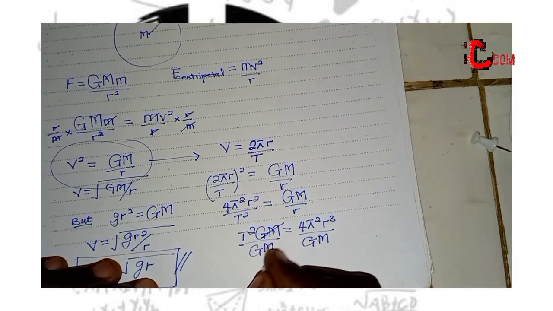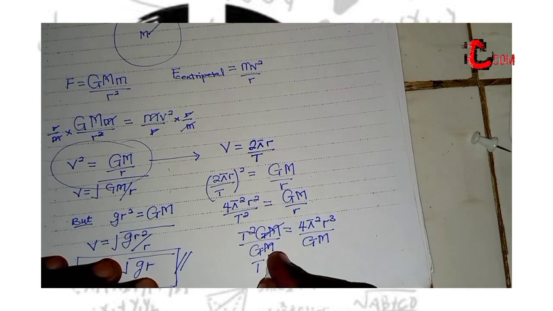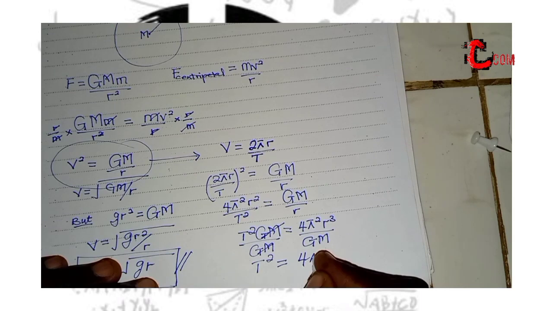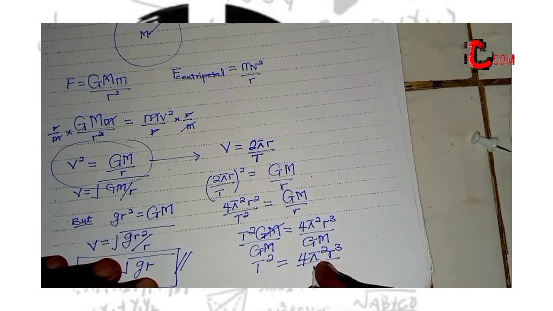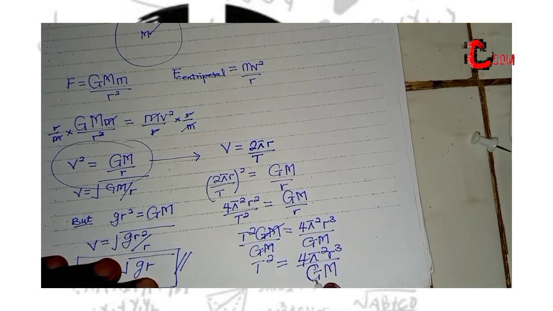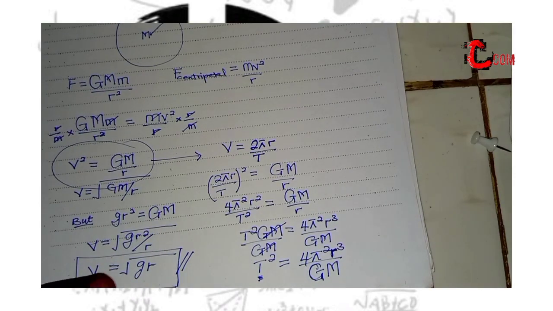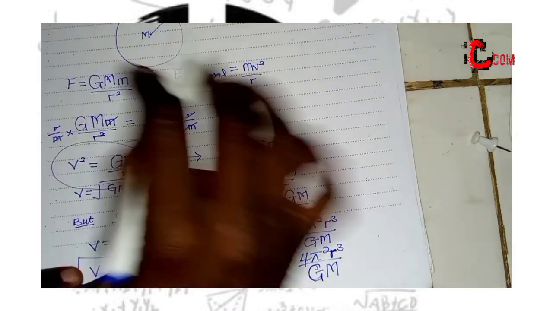So T squared is equal to 4 pi squared r cubed all over GM. And this matches Kepler's third law, which says the square of the period is directly proportional to the cube of the radius of the semi-major axis, or the revolutionary radius, as the distance from the center here.